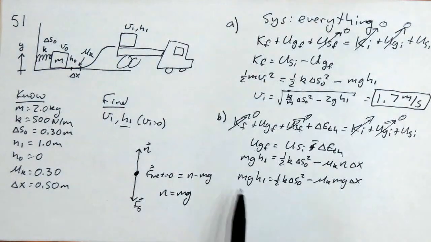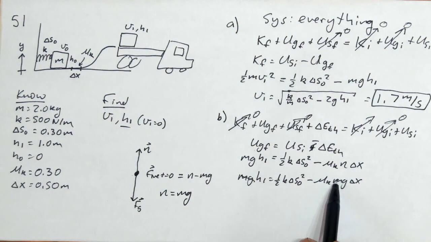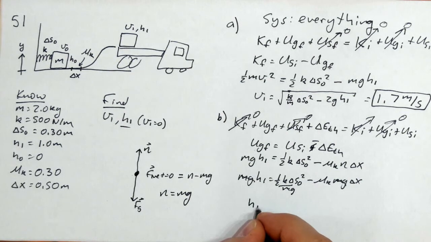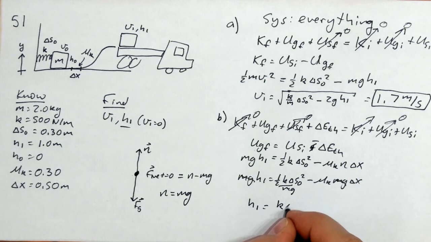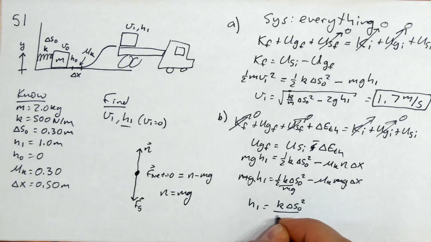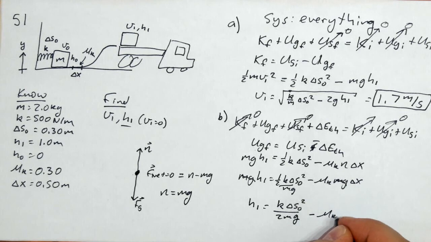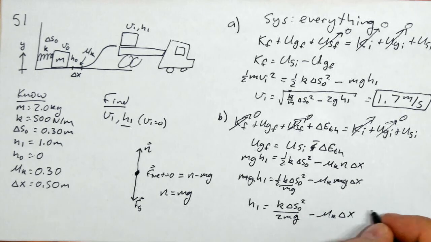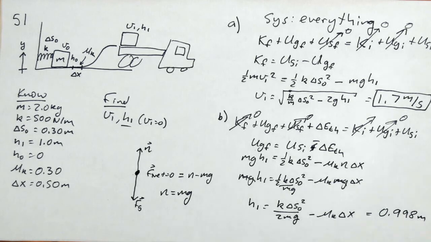Now I divide by mg, and I get h1 equals k delta S0 squared over 2mg, minus mu k delta x. I know all those numbers, so I can plug them in, and I get 0.998 meters.